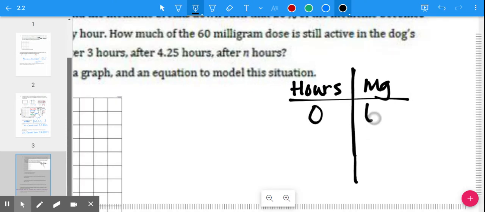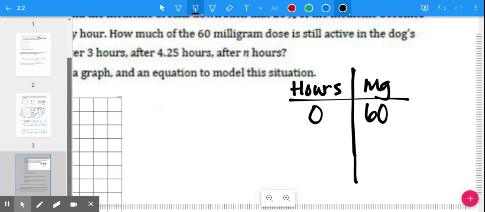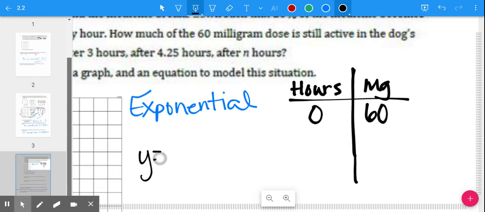At 0 hours, there was 60 milligrams. At this point, I want to pause and write the equation because that's going to make things easier. Because we're doing 20% of it, we know it's going to be exponential. So when we write this, we have y equals your zero amount, that y-intercept, which is 60. The way you need to think about these percentages is that at the very beginning, that dog had 100% of the medicine in its system.